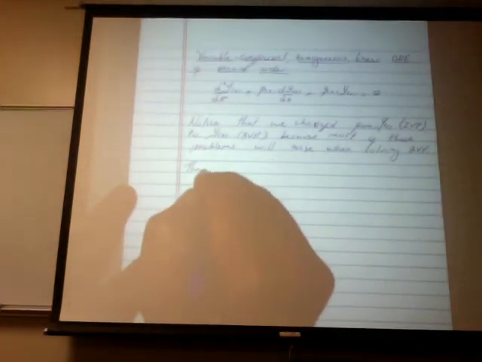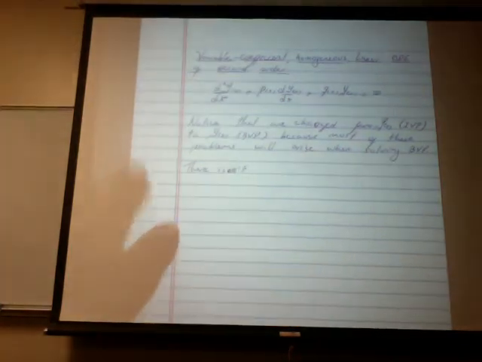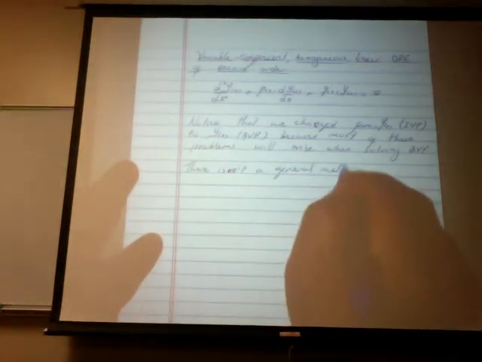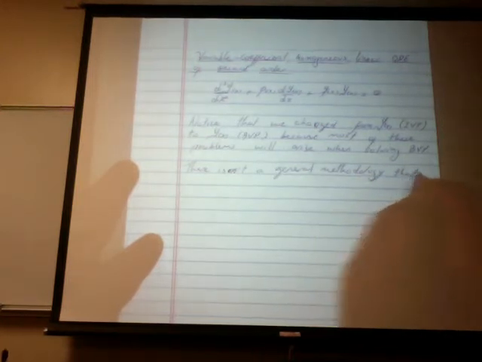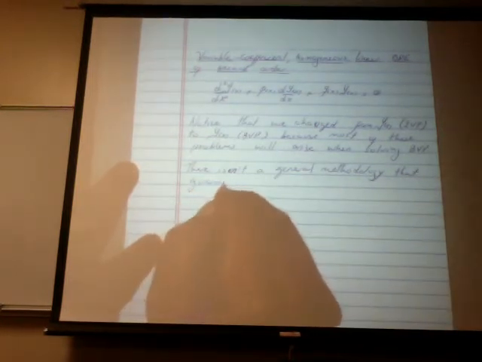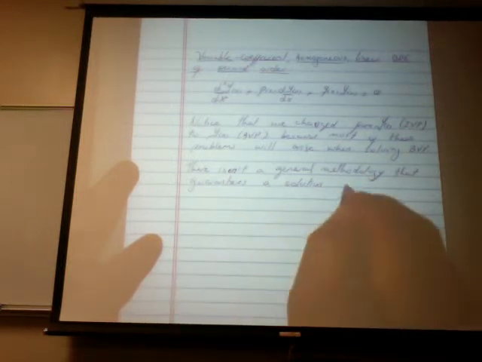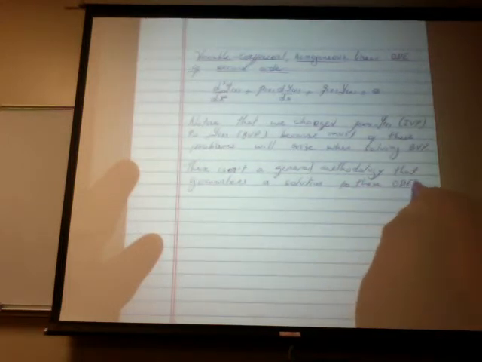Well, the problem is that there's not a general methodology that guarantees a solution to these ODEs. We cannot frame them into a specific class and say, we'll do this, we'll get a solution.